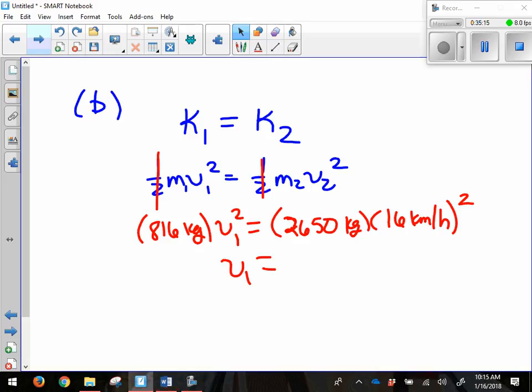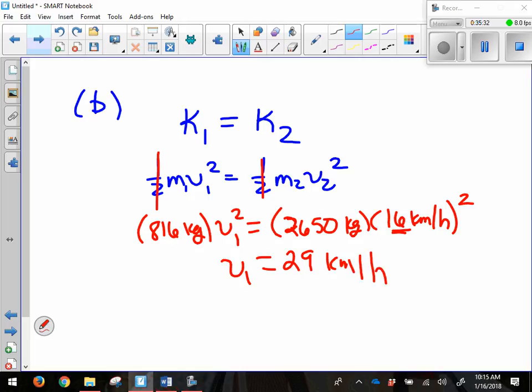Okay. So how many sig figs do we have? Hmm. We have two. So it would be 25 kilometers per hour. Is that what other people got? Okay.